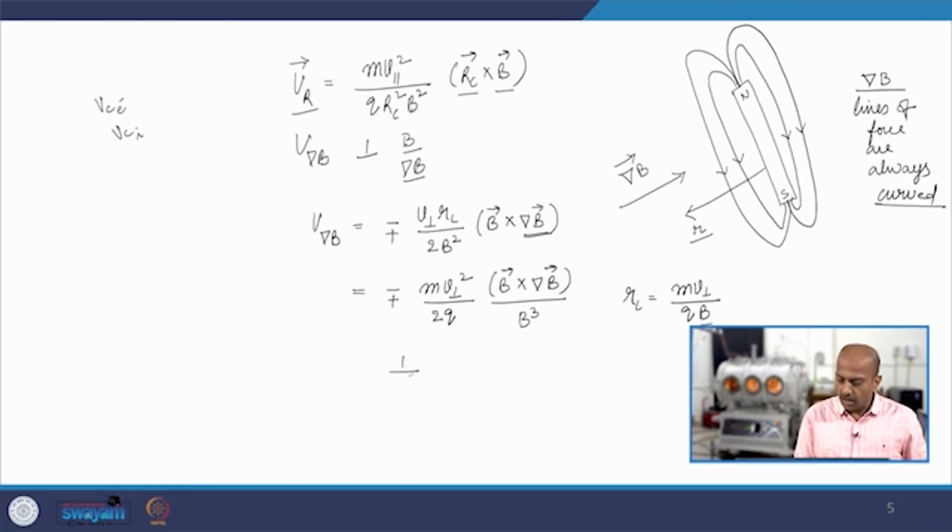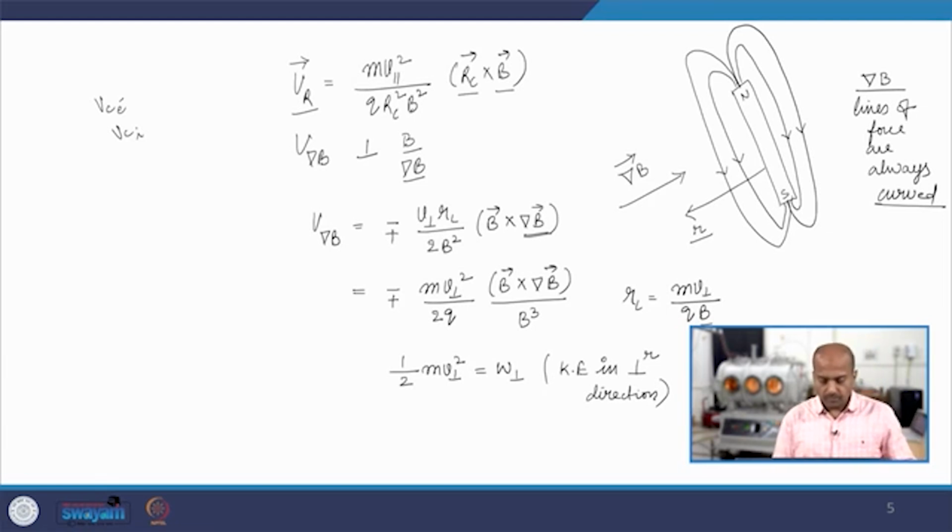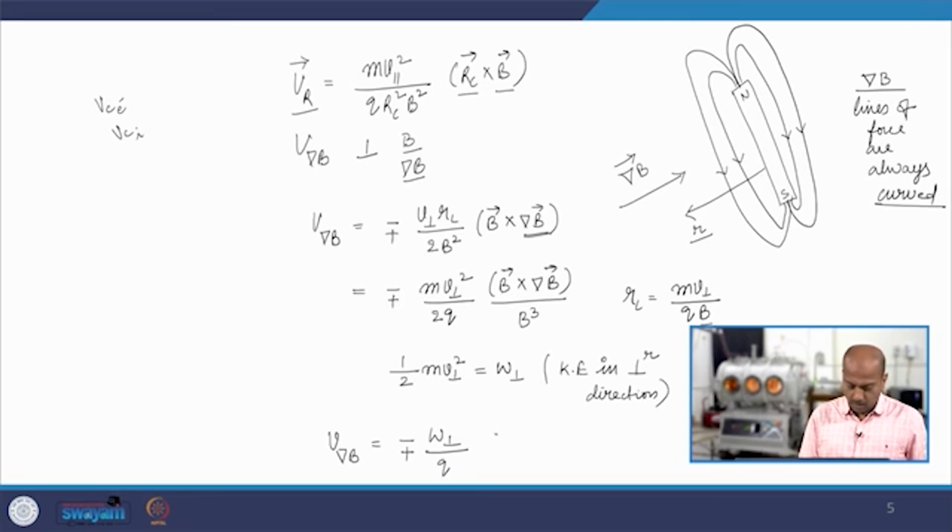Now, we can write half m V perpendicular square as W perpendicular. What is W perpendicular? The kinetic energy in the perpendicular direction. So, we can write V del B as minus plus W perpendicular by Q times B cross del B by BQ.